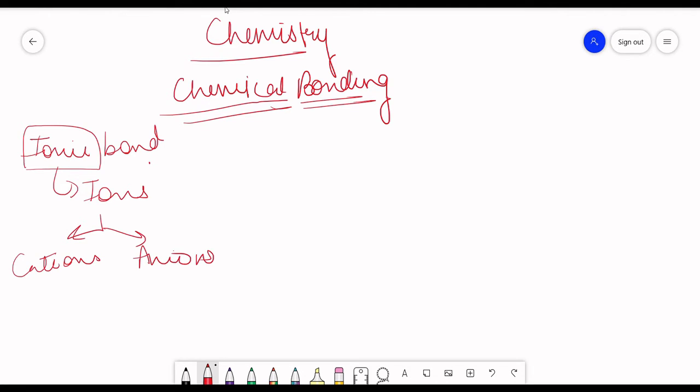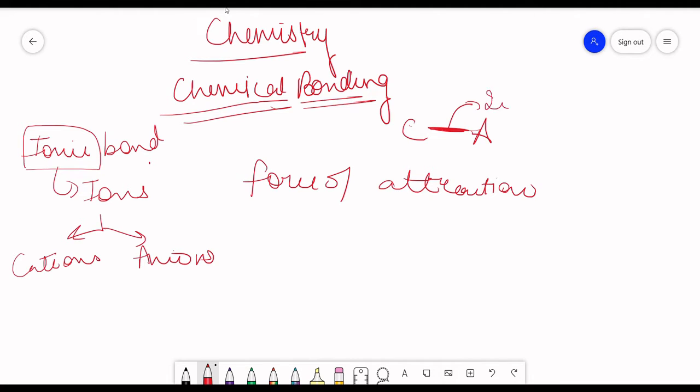When two of these ions come close, they exert a force of attraction towards each other, because opposite charges attract each other, right? The bond that is formed between the cation and anion is the ionic or electrovalent bond.